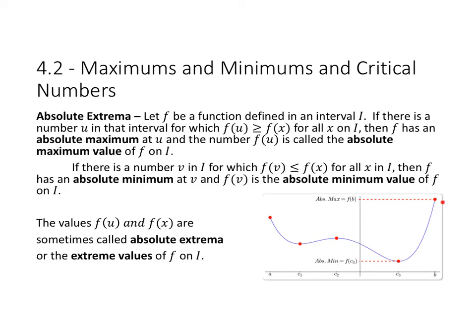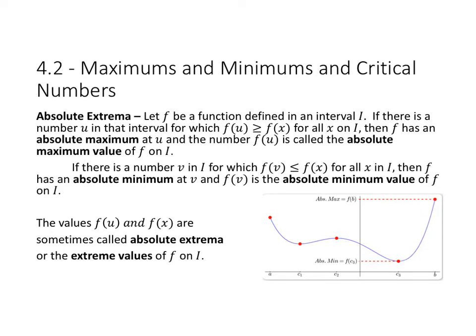If we have a largest y, then that largest y is our absolute max. If we have a smallest y value, then that smallest y is our absolute min. Even though we're comparing the y values, the largest y value of the whole function and the smallest y value of the whole function, we always talk about the x's.